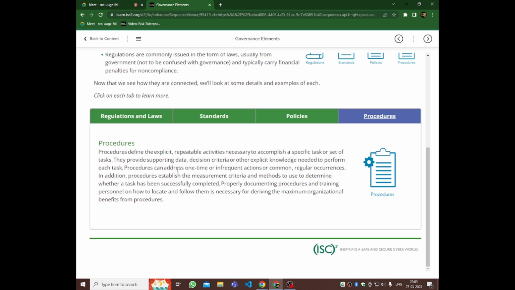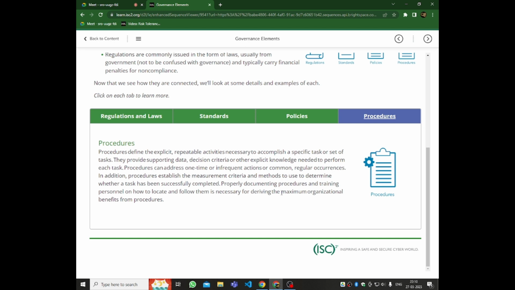Procedures can address one-time or infrequent actions or common regular occurrences. In addition, procedures establish the measurement criteria and methods used to determine whether a task has been successfully completed.